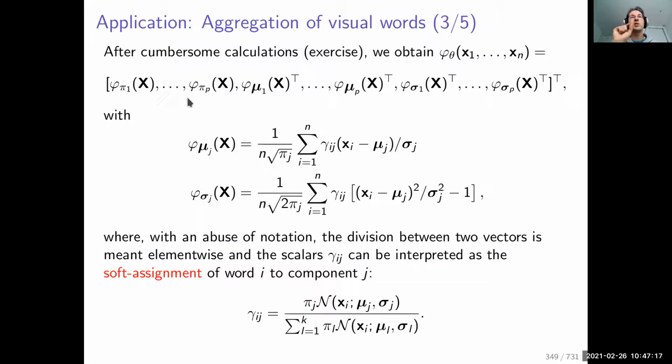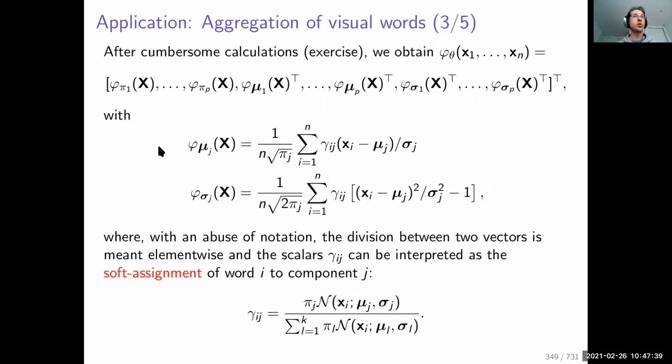So each time you see p, you should replace it in your head by k. We have also a set of entries that corresponds to the mean parameters of the Gaussian components, and also a part which corresponds to the sigma parameters of the components.